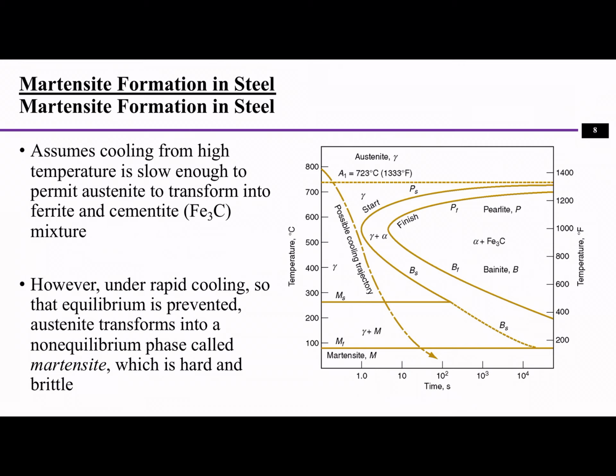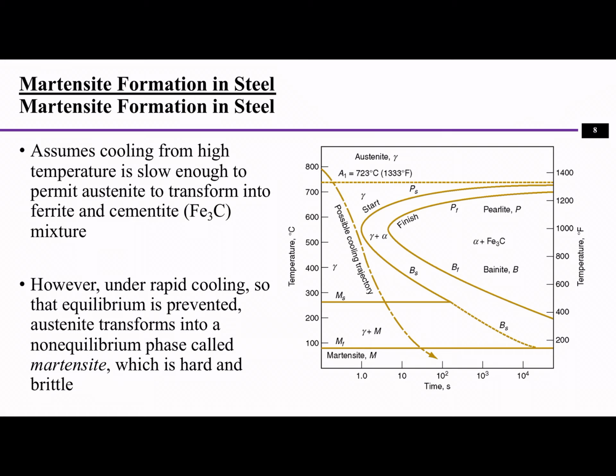For example, you can see the dashed line, which is a possible cooling trajectory. At the top is the austenite structure of the material, and if we cool the material at a rapid speed following the cooling trajectory, it will eventually go to room temperature and create a martensite structure of the material.